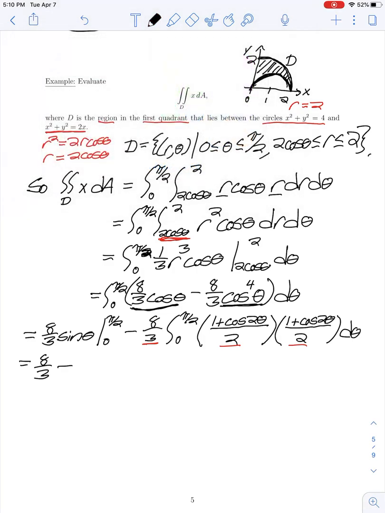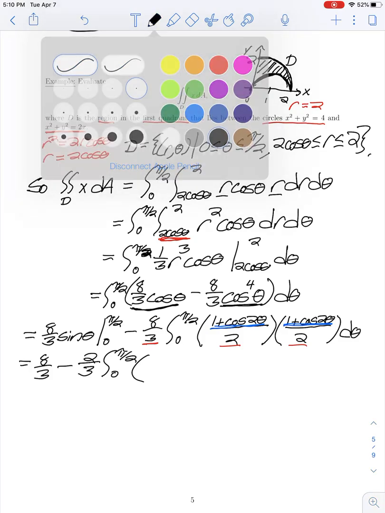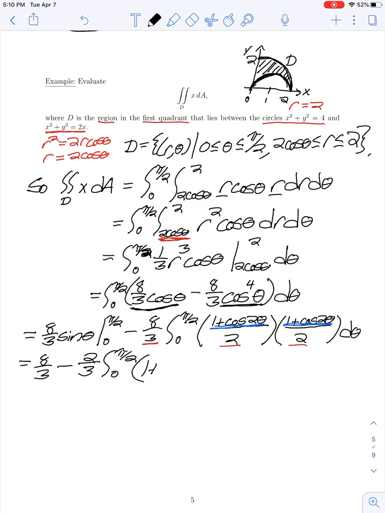Since we already had the constant 8/3, we're left with 8 over 12, or 2/3, of the integral from 0 to pi over 2, of 1 plus cosine of 2 theta times 1 plus cosine of 2 theta. If we expand, we have 1 plus 2 cosine of 2 theta plus cosine squared of 2 theta, d theta.